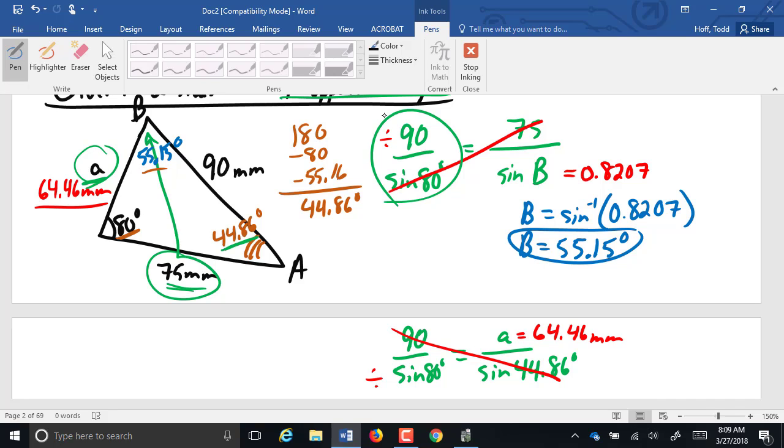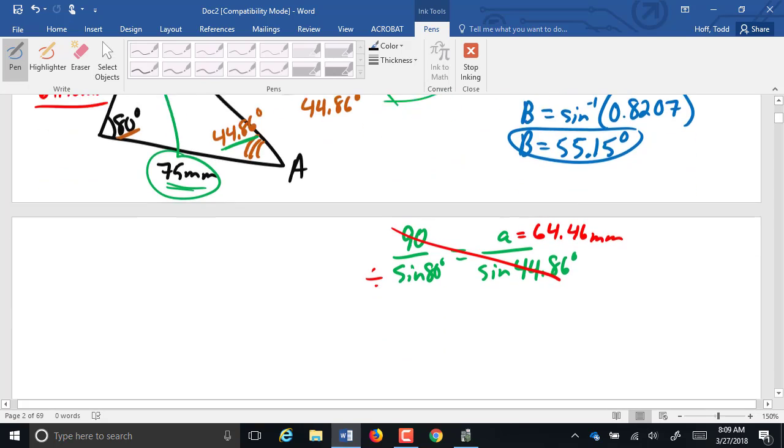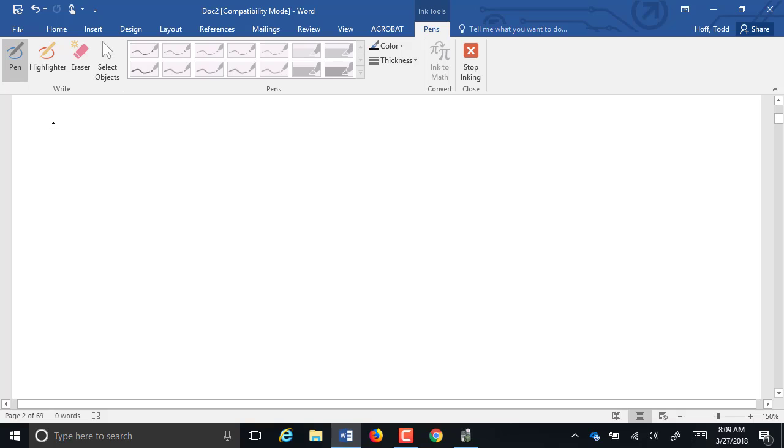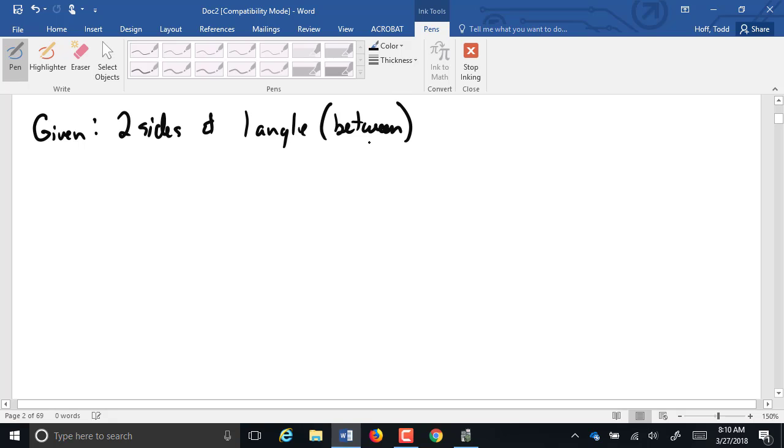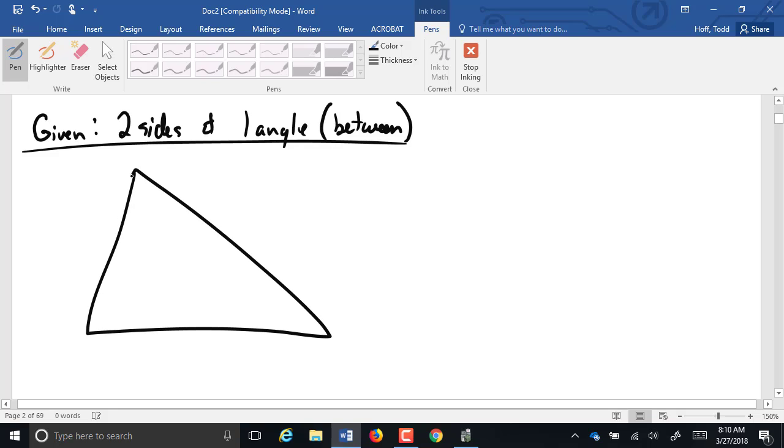Well, there's two other cases we need to discuss. The first one, we're given two sides and what's called the included angle. I'm going to say one angle between them. What does that mean? Well, let's say that this here is 75 degrees.